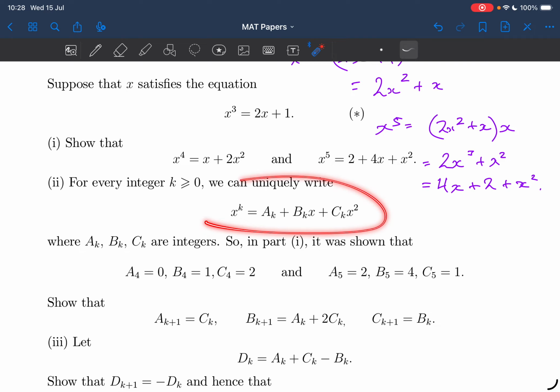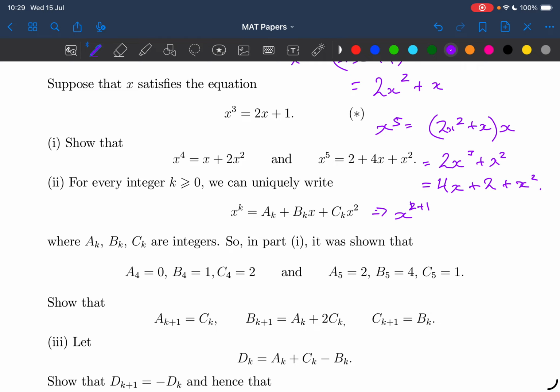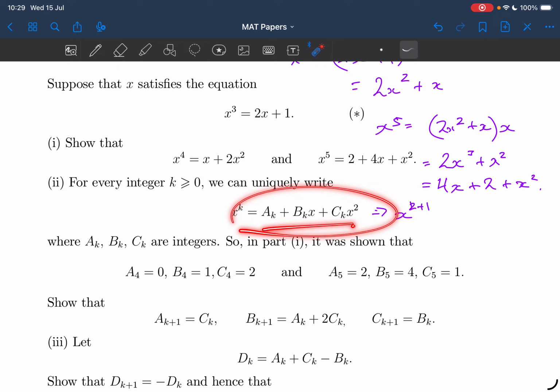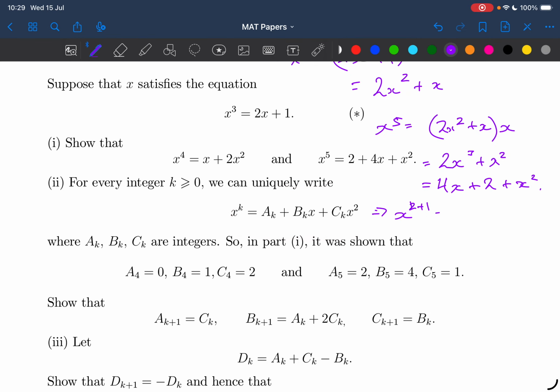So if we think about the one we're given here, we can use that to find what is x to the k plus 1. Because it's going to be all of these bits, but just times by x. So we're going to have effectively a_k x plus b_k x squared plus c_k x cubed. And we know x cubed is 2x plus 1.